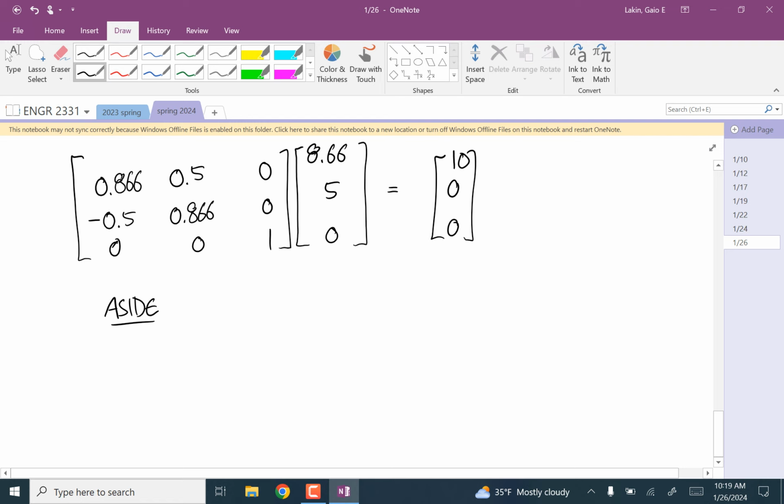So if you start with a vector in coordinate system A, and you want to express that vector in coordinate system B, so that's what we're talking about.